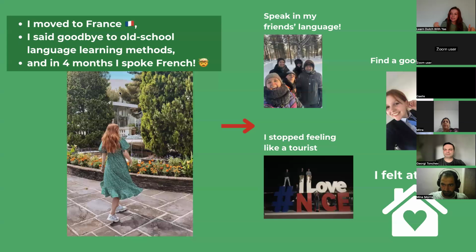For example, I can speak the language of my friends. I found a good job. I also did an internship in France and in French. I started working for TUI, so I had two languages that I knew, so I got a new job opportunity, and I stopped feeling like a tourist. I started feeling at home in the country that I was living in because I started to know that language.